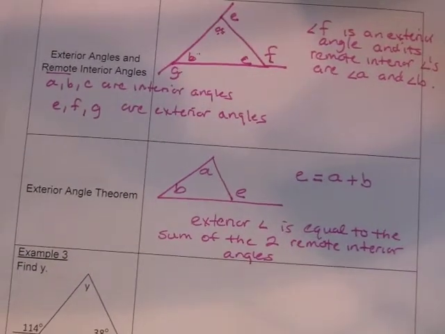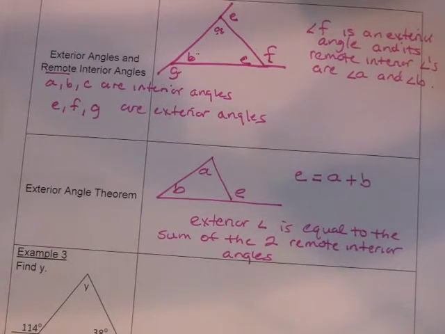So again, the exterior angle is equal to the sum of the two remote interior angles.